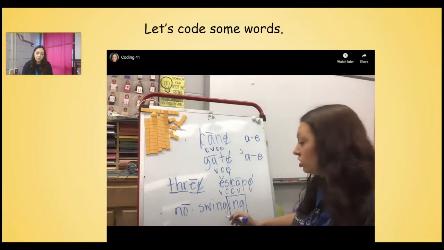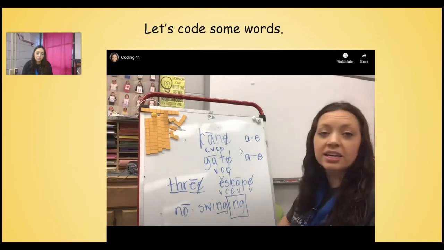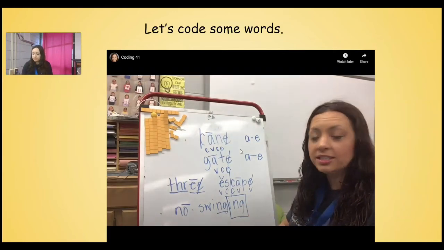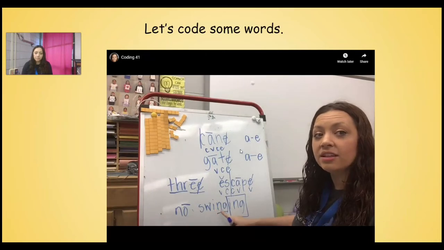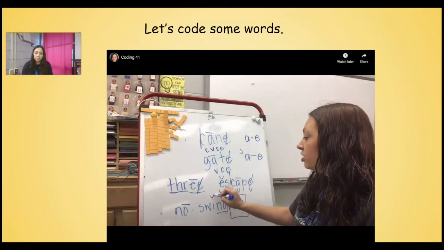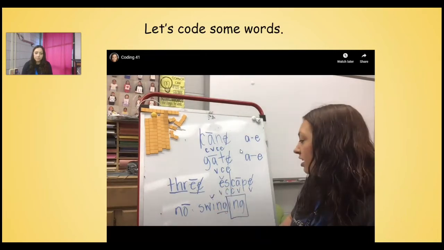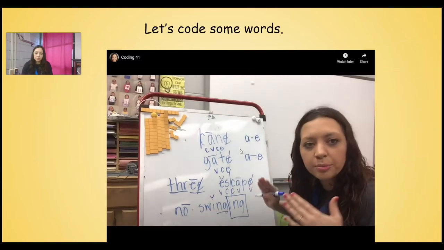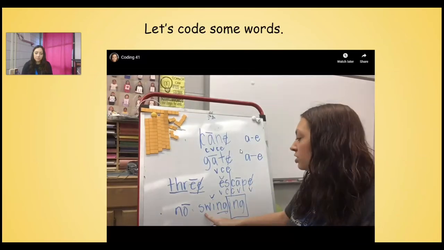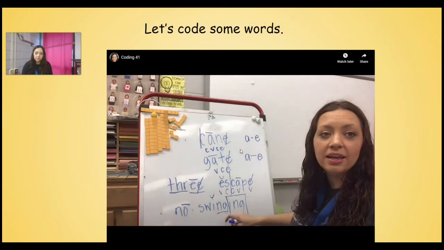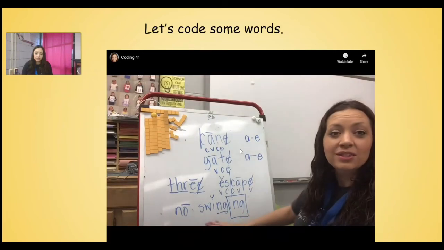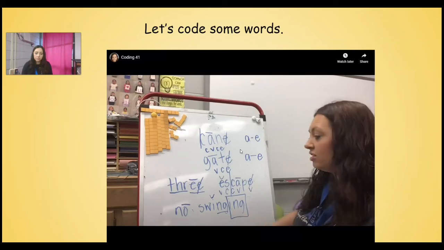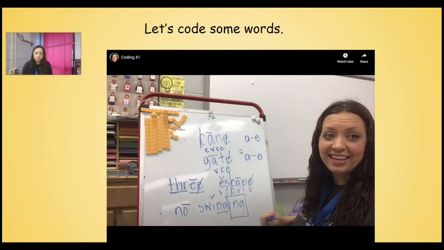But I know that ng is a digraph, so I can underline it to read it together. And then I have an I as my vowel in front of it, so it's going to be short because it's in front of a consonant. And then remember that SW we can blend and say sw. So I've got swing. So there's my root word, and then I add the ing, swinging. So no swinging.